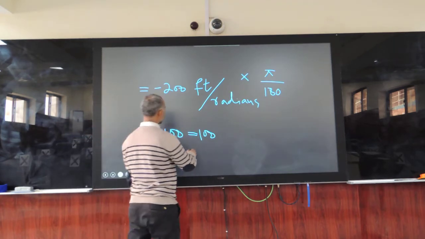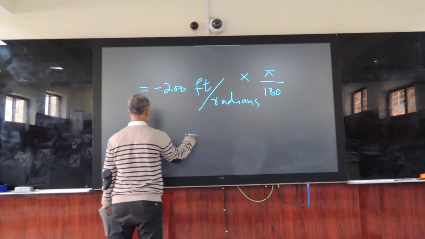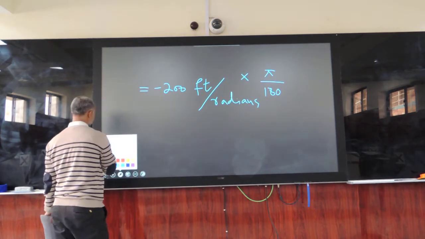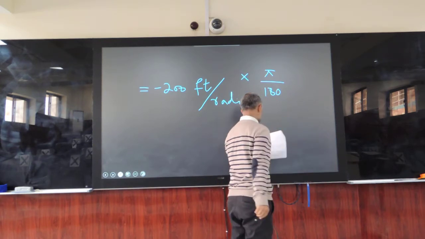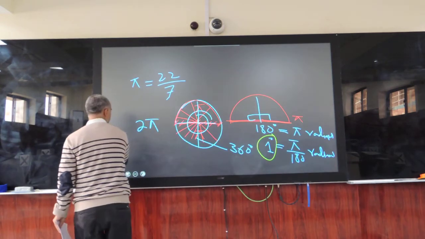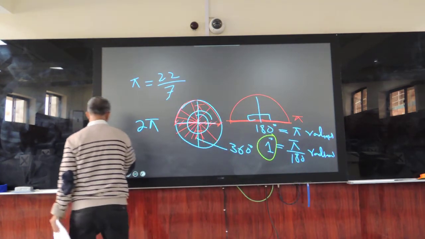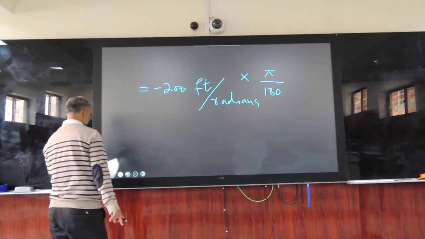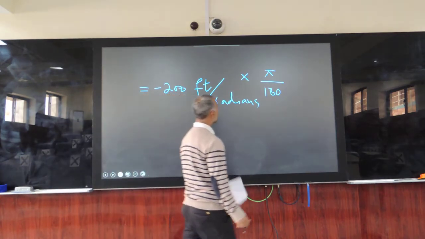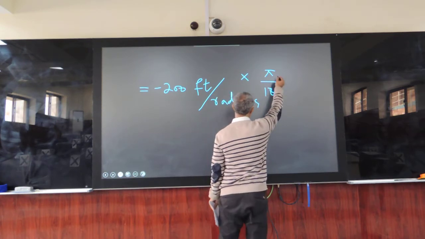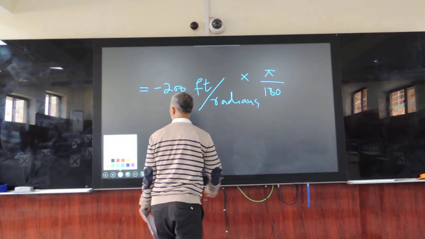So here, let me erase it. The unit of this is radians. What basically did I do at this place? Let me rephrase it so that you should not be confused.